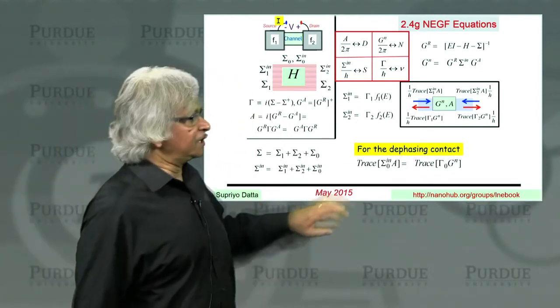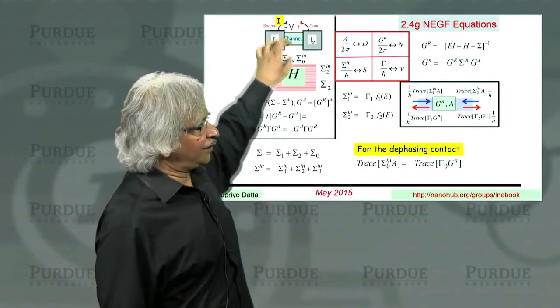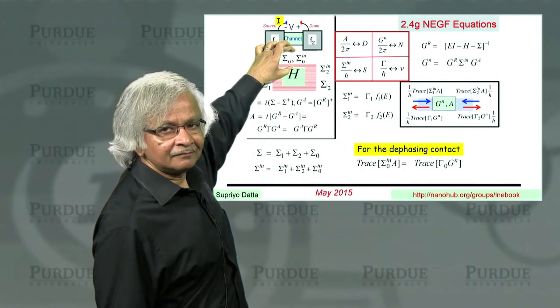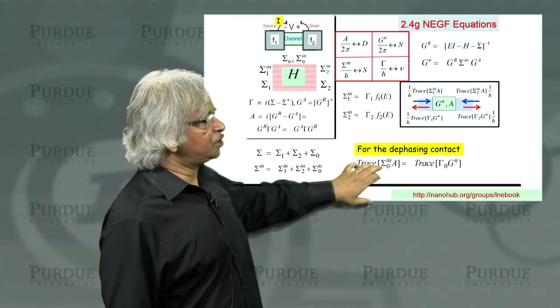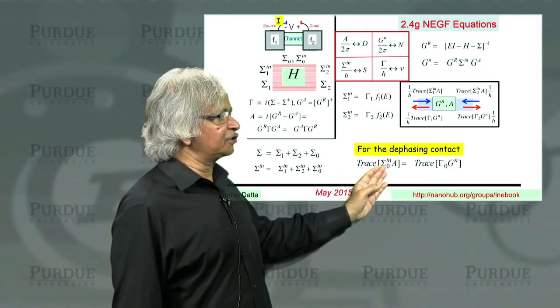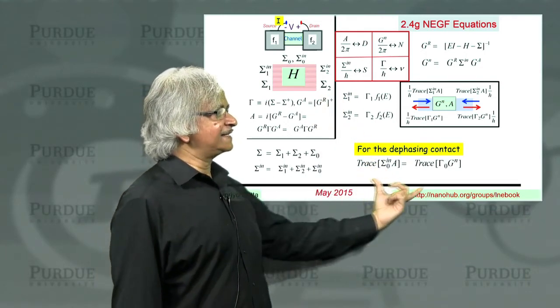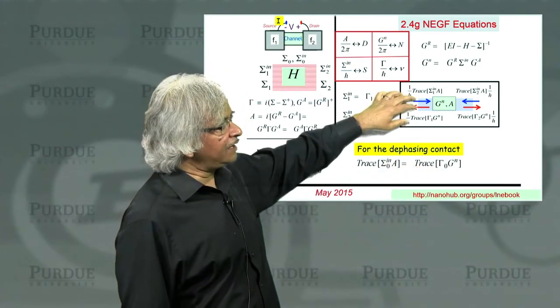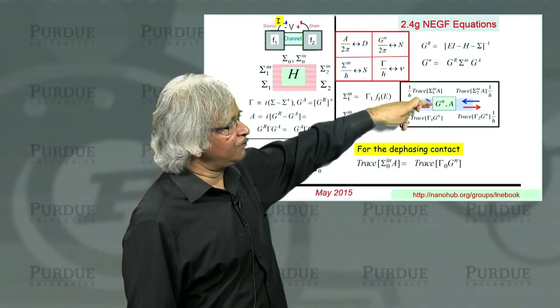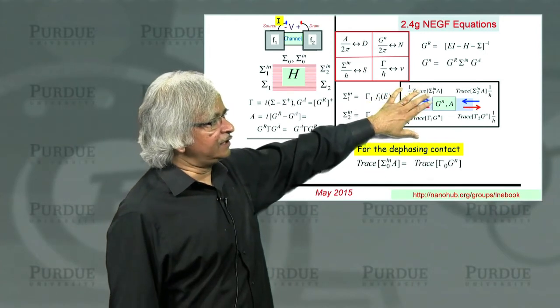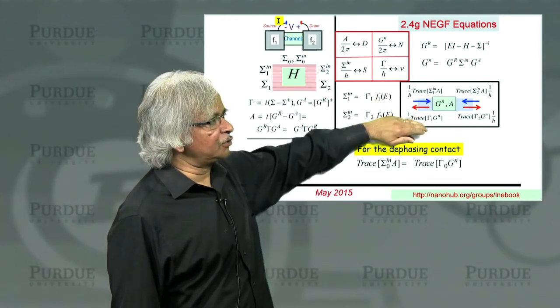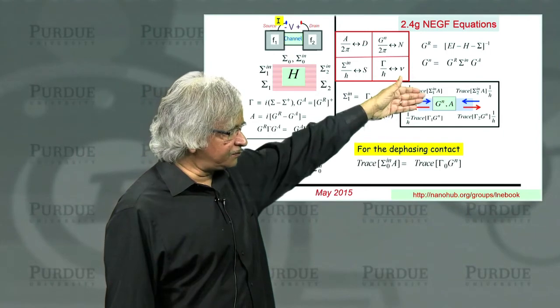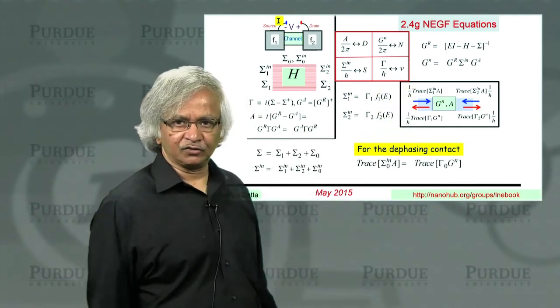Main point to note is that for the dephasing contact, this one, you have to ensure that whatever you do to figure out your sigma 0 and sigma in 0, they satisfy this relation. Why? Because at any contact you see, that's the inflow and that's the outflow. In these contacts, this doesn't need to balance that because these are physical contacts where actual current is flowing.